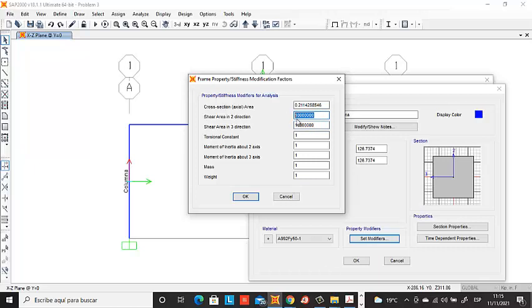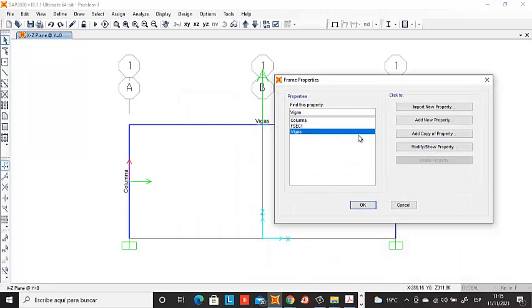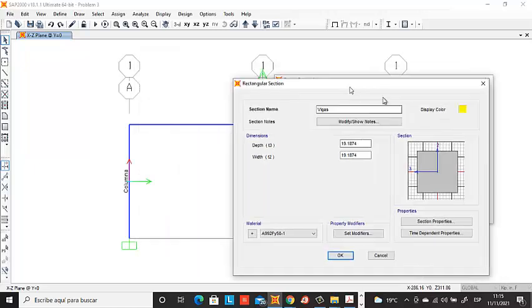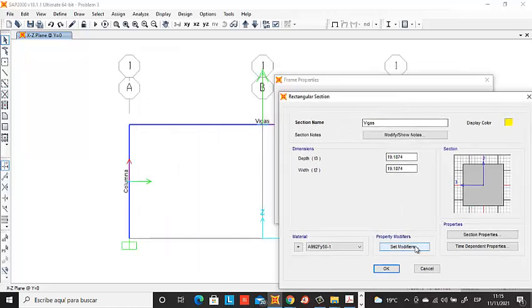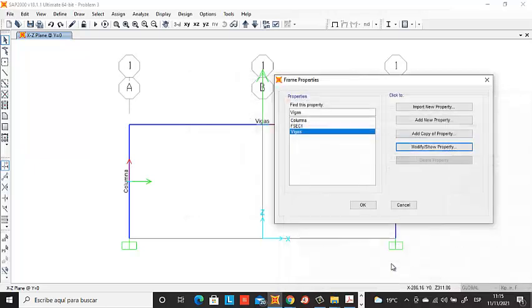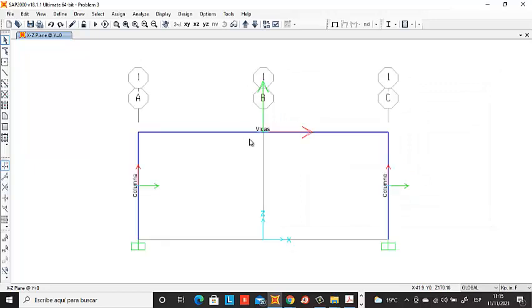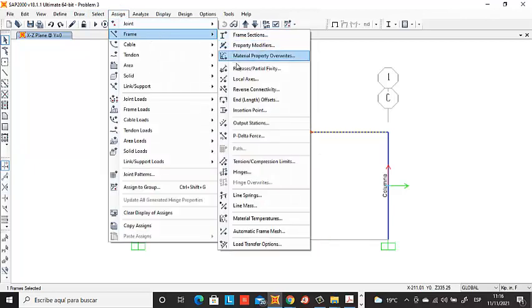And these values need to be big values in order to not consider the shear deformation. And the same as the beam, right? We defined it in order to have the same moment of inertia, and we will modify the multiplication factor for the area and for the shear deformation. As well, in order to define the rigid end zones in SAP, we just select the beam, Assign, Frame, Rigid End Length Offset.